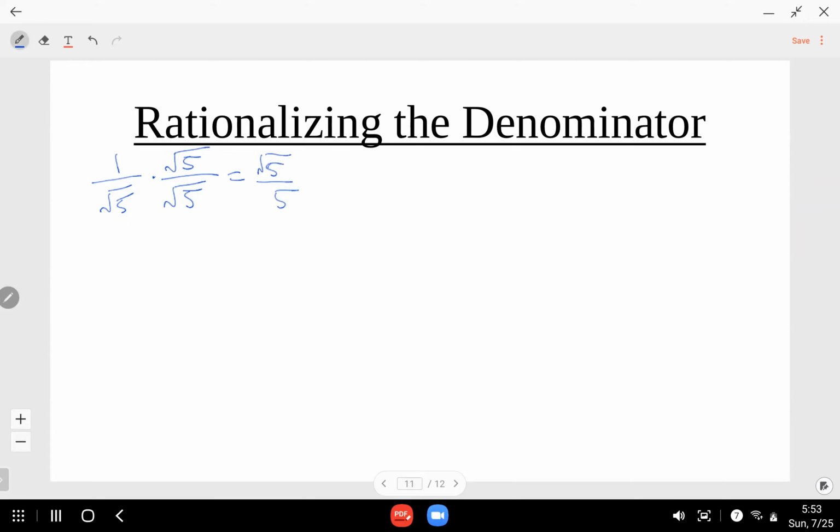Why do we need to do this? Why? Okay, why? Let's say we have 1 over the square root of 2, okay? Why do we need to rationalize the denominator? Can anybody tell me what is the square root of 2?